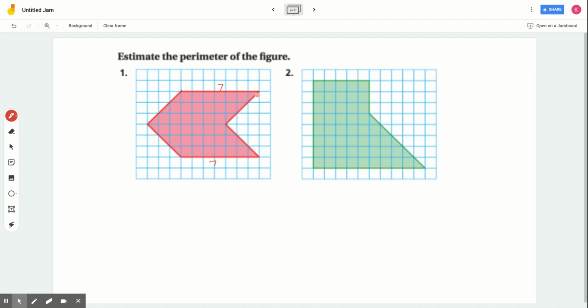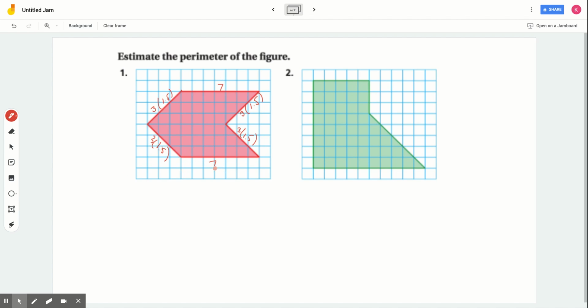So we have 3 times 1.5. Here again, we have 3 times 1.5. On the outsides, again, we have 3 diagonal units times 1.5, and again, 3 times 1.5.